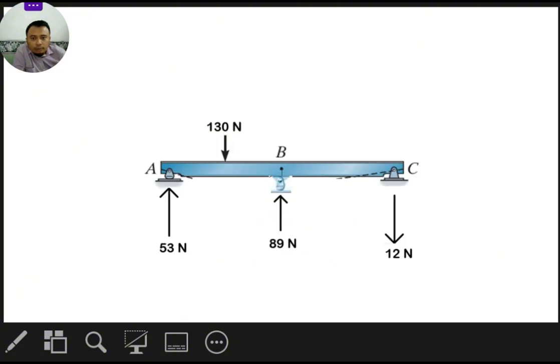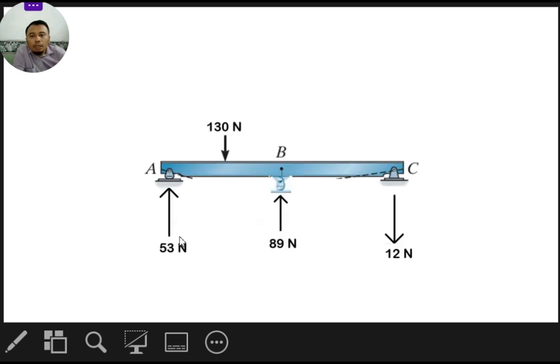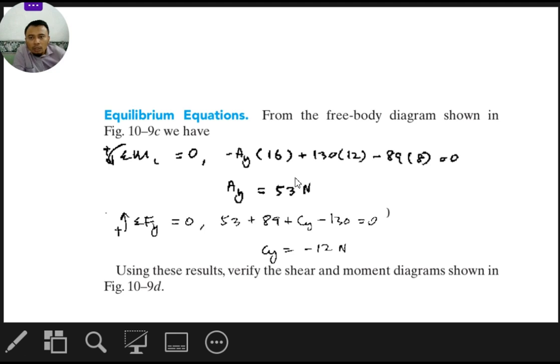So based on this value we got, now we want to find AY and CY. Using moment equation at C, we take counterclockwise positive. So AY times 16, we assume AY upwards, so AY is clockwise, so negative, times the moment arm 16, which is the full length, and then 130 of force times 12, the moment arm towards C, and then By times moment arm of 8.